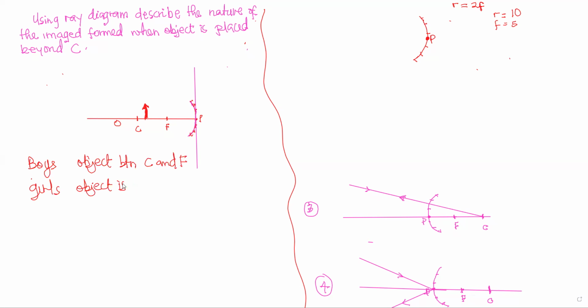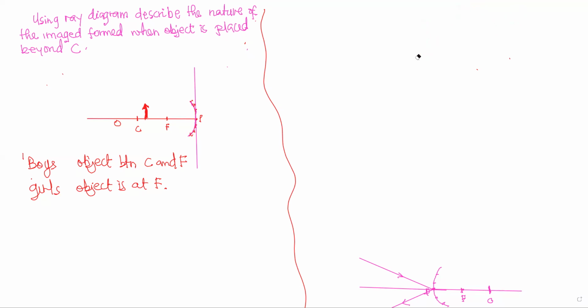So use ray diagram to do this. When you finish, you share whatever you got with me. So boys, you have your work set. Girls, you also have your work set. Start work. And we are doing this within 5 minutes. Boys, object between C and F. Girls, at F. So you can discuss.